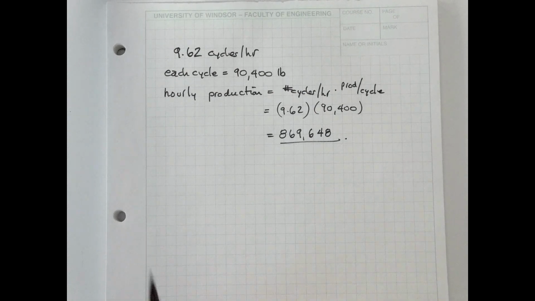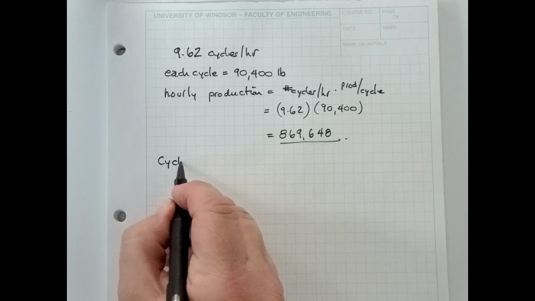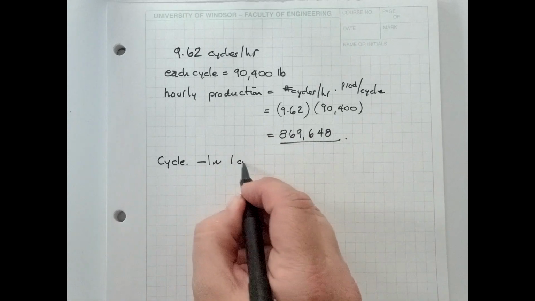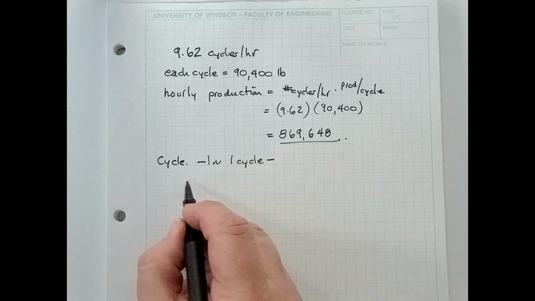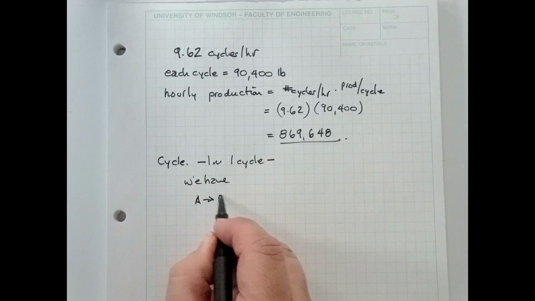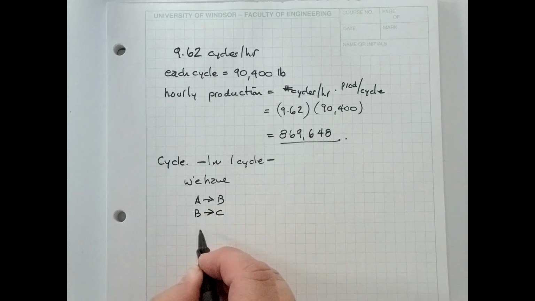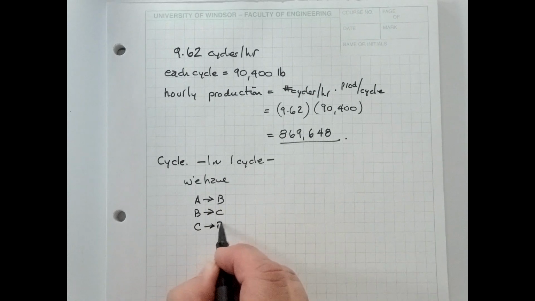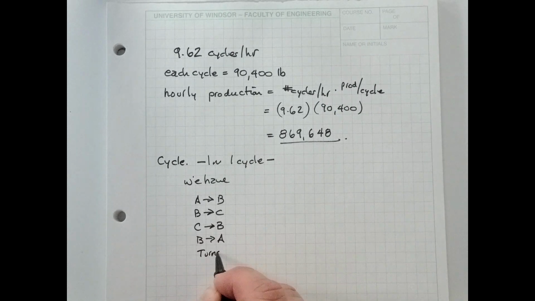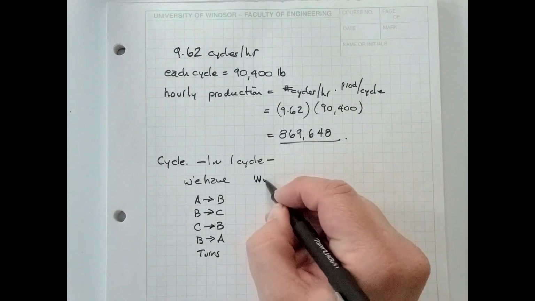So let's go back to our cycle. In one cycle, we have A to B, B to C, C to B, B to A, and we have turns. So we can figure this out. How much work is the vehicle doing?